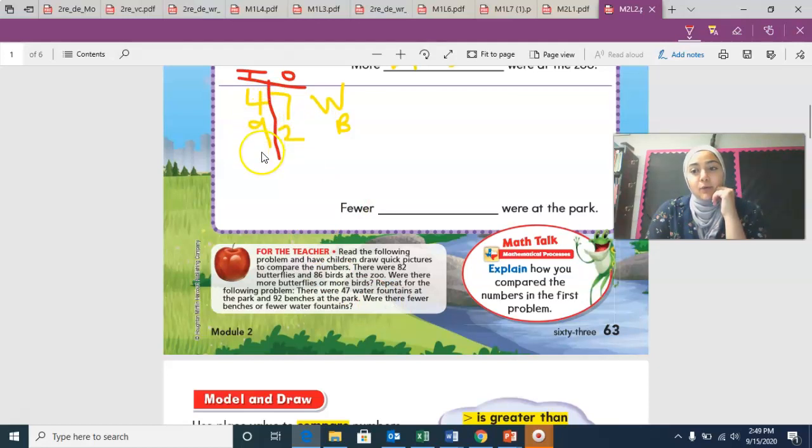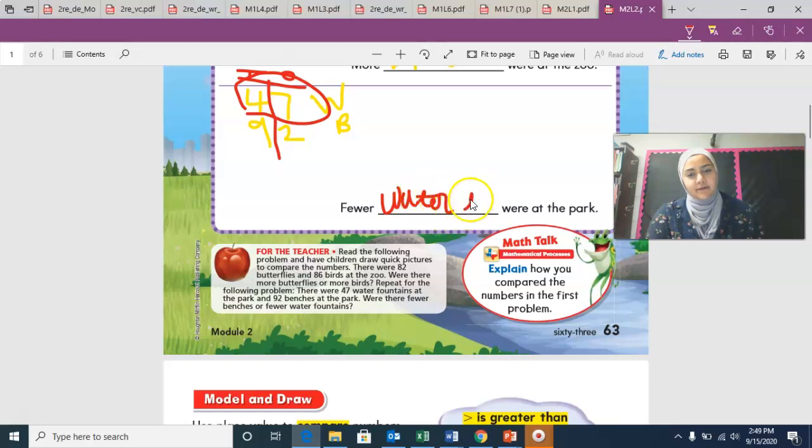Which one is smaller, 4 or 9? 4 is smaller. Very good. So we know without even looking at the ones place, 4 is smaller than 9. So 47 fewer what? Water fountains.